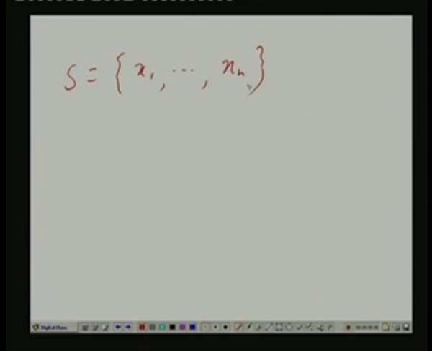So, I repeat again, given a linearly independent set S of n random variables x1, x2 dot dot dot xn, any subset of that also is linearly independent.